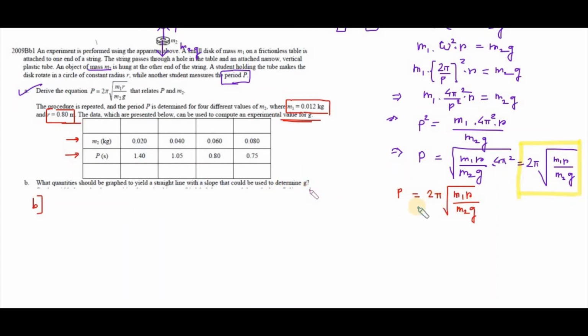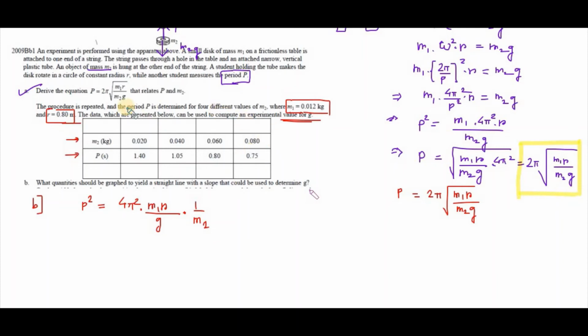Now let's look at the expression. In this equation we have g. So let's make this equation P square. P square equals 4 pi square into m1 into r upon g, into 1 by m2.